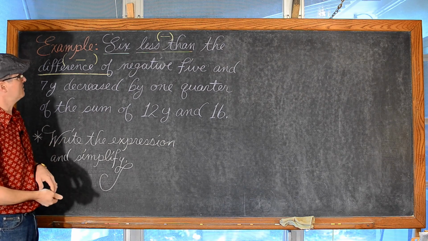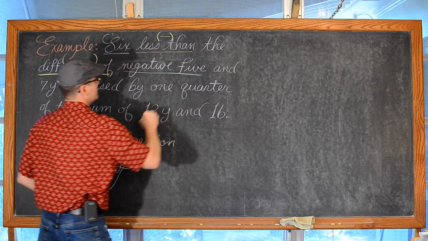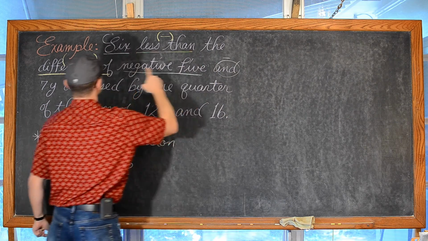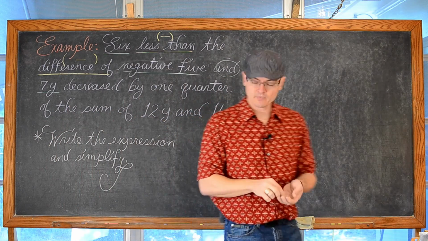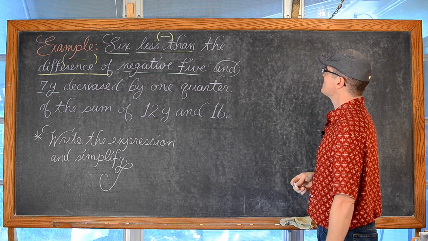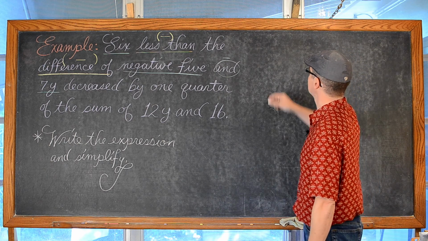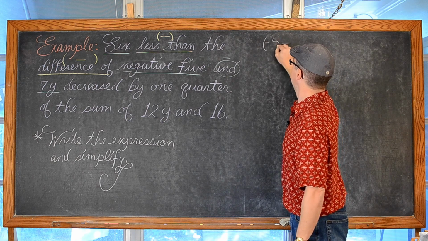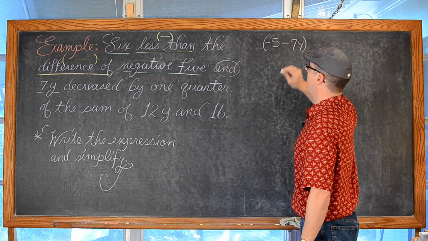So it's a difference of -5, so there's another number, and that's the other thing that we're combining with subtraction here, 7y. So 6 less than, oh, the directions. Write an expression to simplify. So 6 less than the difference of -5 and 7y.